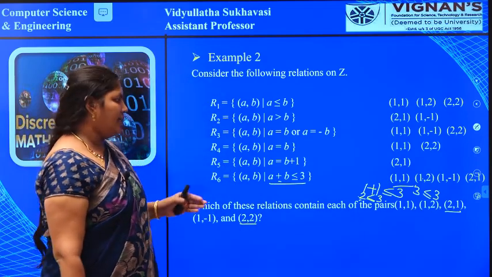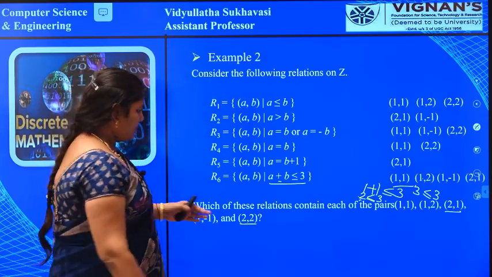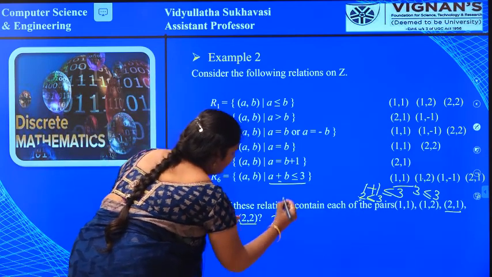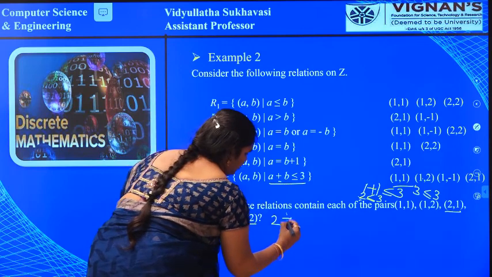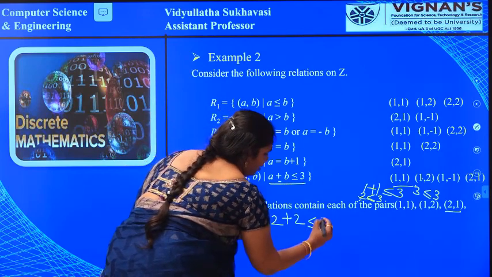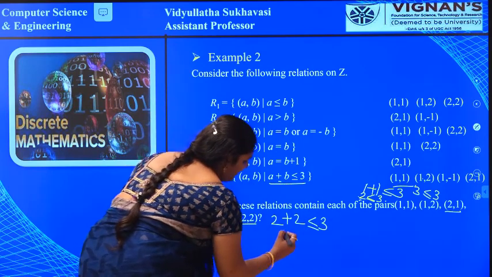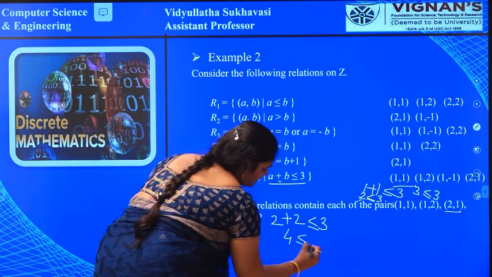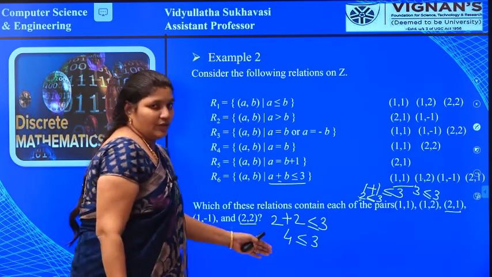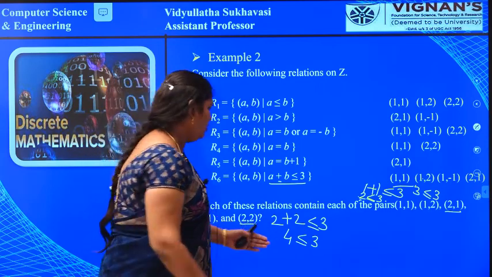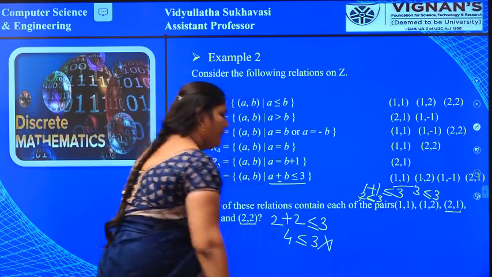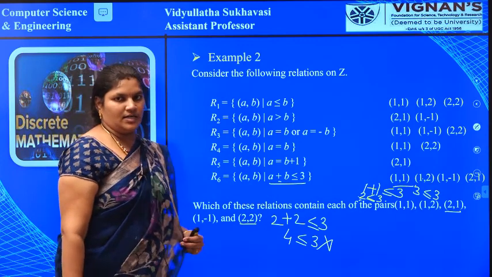Why only 2 comma 2? See here, if you substitute the values A comma B in this condition, 2 plus 2 less than or equal to 3. 2 plus 2 means 4, and 4 less than or equal to 3? We know that 4 is greater than 3, so the condition is not satisfied. So this ordered pair will not come under the R6 relation.